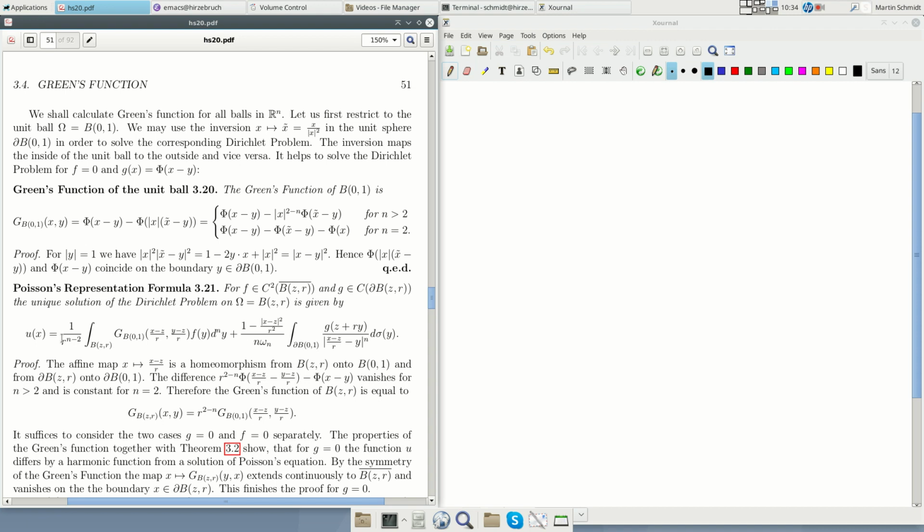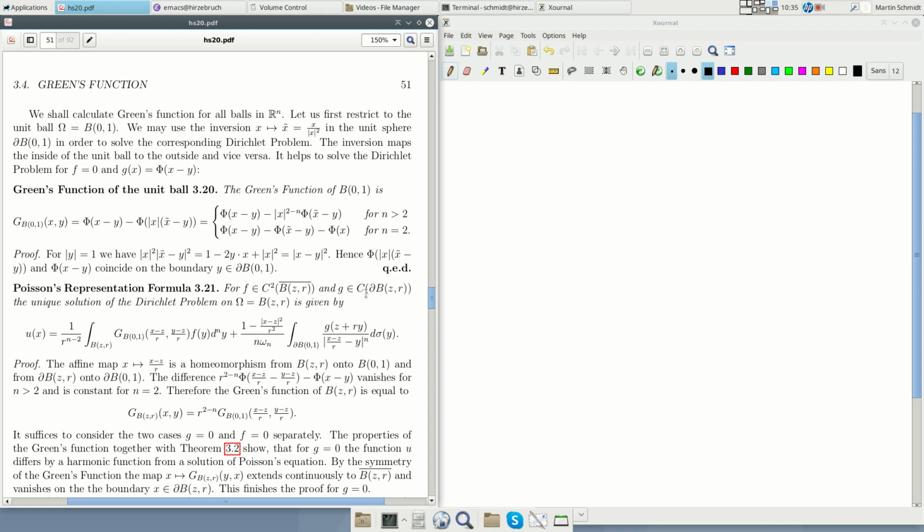Now let's recall why this solution is unique. This we explained in the first half. This is a direct consequence of the weak maximum principle, because the difference of any two solutions of this Dirichlet problem is harmonic, because both have the same inhomogeneity, so the difference on the right hand side is 0, so it's harmonic, and it vanishes on the boundary.